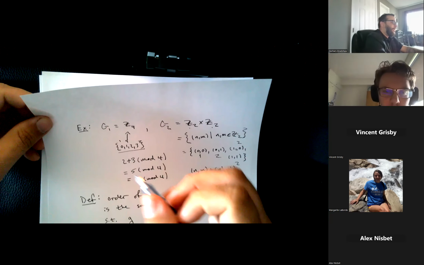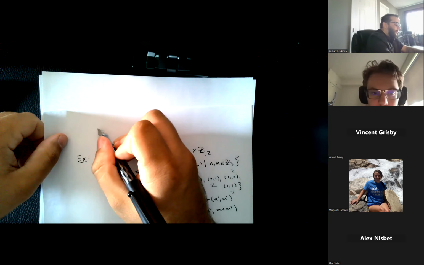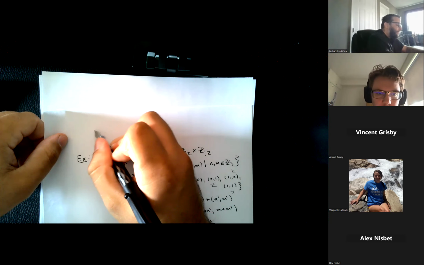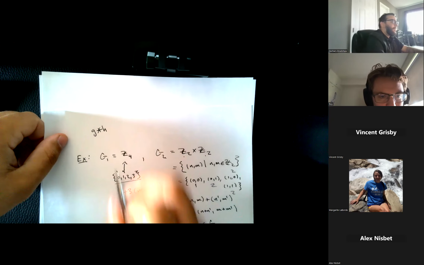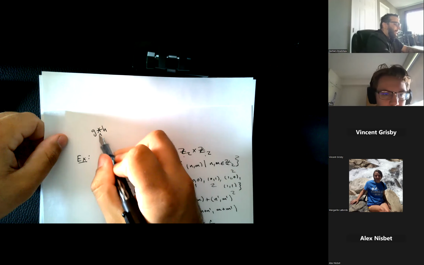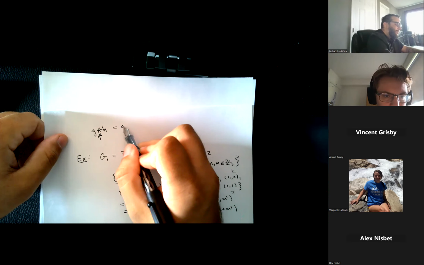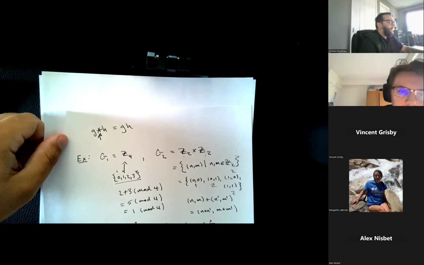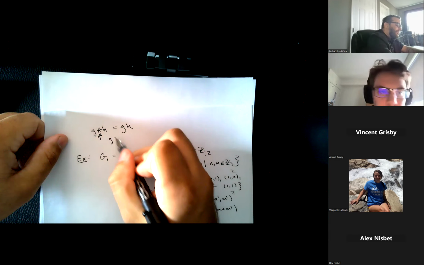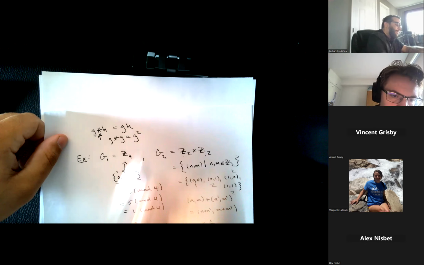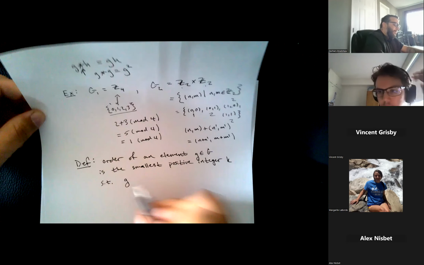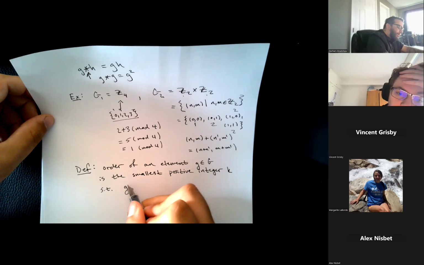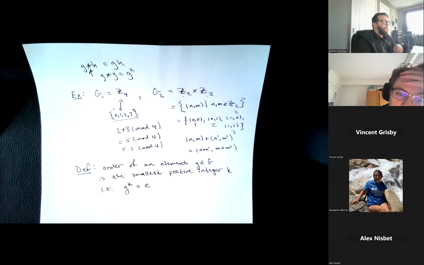Okay, so I think I have to abandon this clunky notation before I can explain this. So I've been writing, for the operation in G, g star h, right? I'm going to drop this star from that one, and I'm going to call this just gh. So that means that g star g is going to be written g squared. Okay. So the order is the smallest positive integer such that g to the k is equal to the identity.